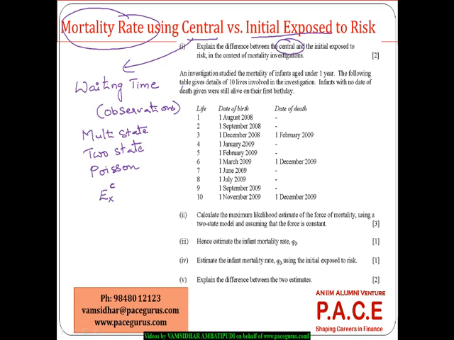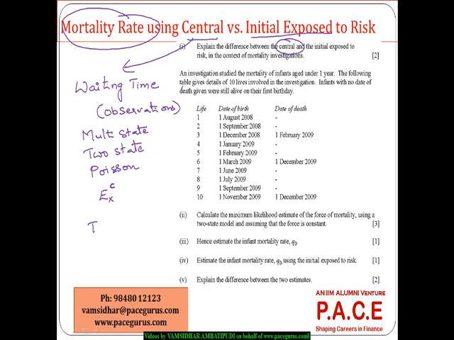Especially, we will calculate the central exposed to risk by collecting the waiting time, the time for which a particular party is included as a part of the observation. So if that party has died, we will remove that party from the observation immediately. The contribution to the waiting time stops the moment the person dies when we are computing the central exposed to risk.